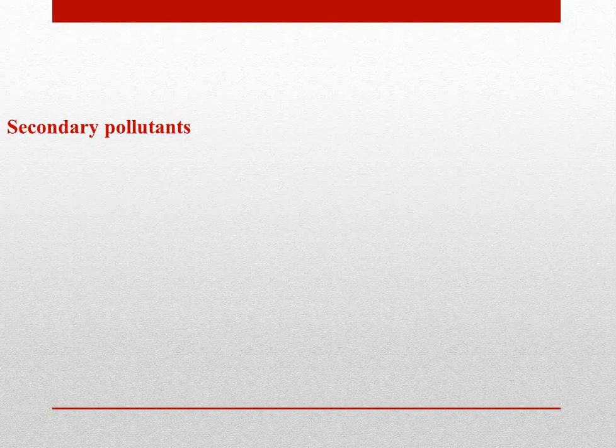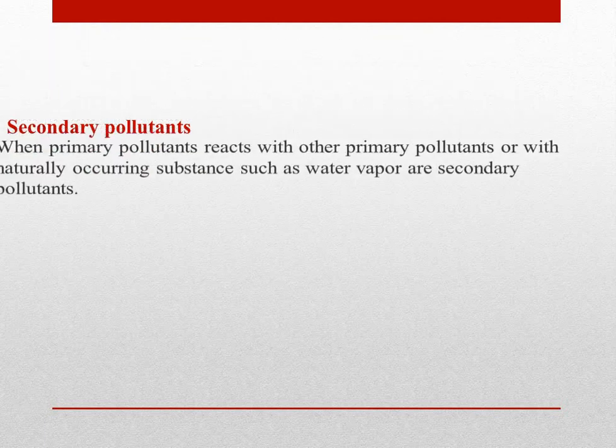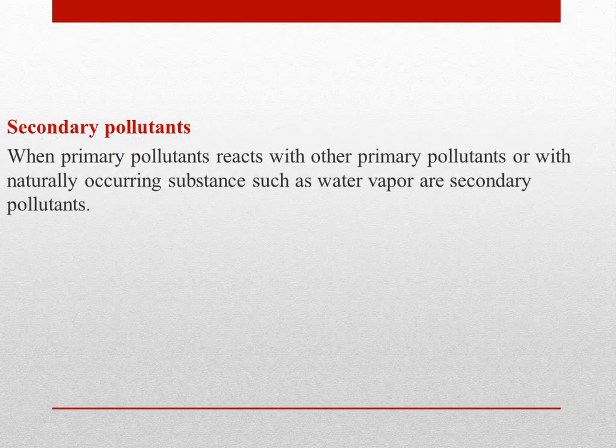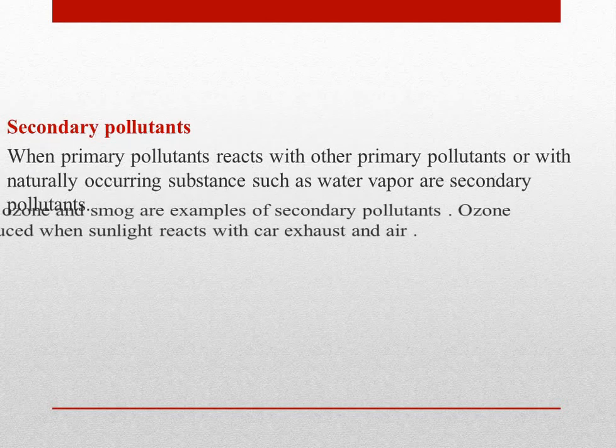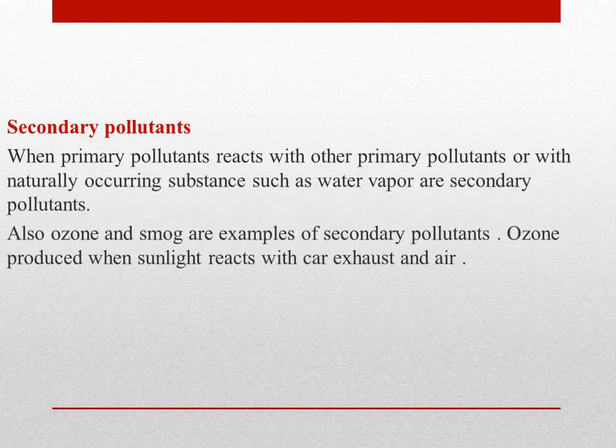Let's see what secondary pollutants are. When primary pollutants react with other primary pollutants or with naturally occurring substances such as water vapor, they form secondary pollutants. Ozone and smog are also examples of secondary pollutants.